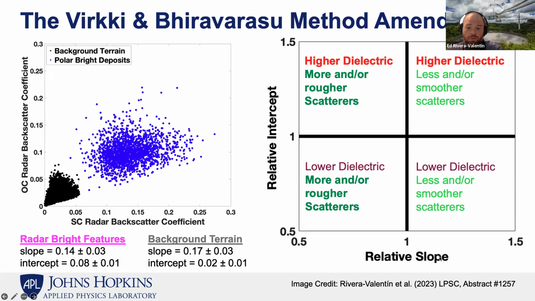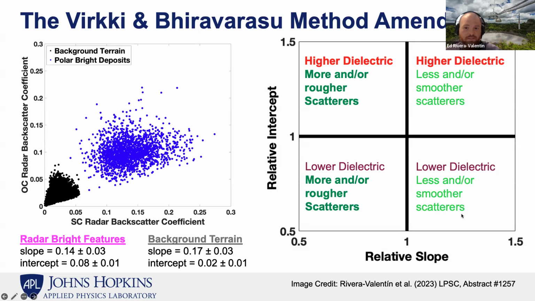And if the slope ratio is less than 1, then the terrain you're looking at might have more and or rougher scatterers. On the other end, if the intercept ratio is lower, then the terrain you're looking at likely has a lower dielectric permittivity. And if the slope ratio is higher than 1, then you're likely looking at a terrain with less and or smoother scatterers.